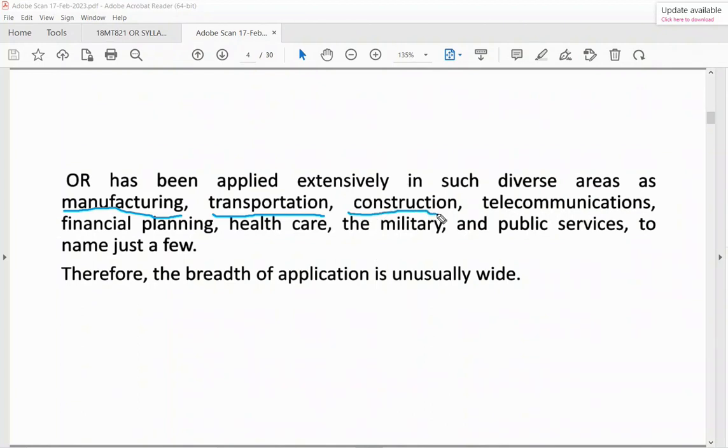In construction of buildings, in the construction field also, proper research is required. In telecommunication, with respect to both wired and wireless networks, operation research is required. Then financial planning. With respect to financial operations, some fund is available.